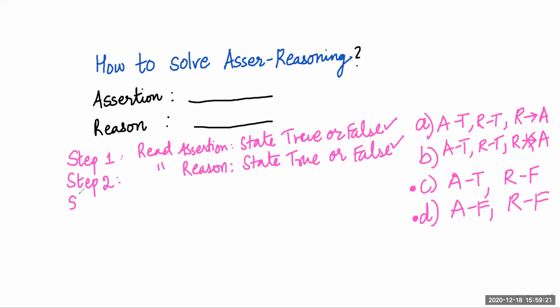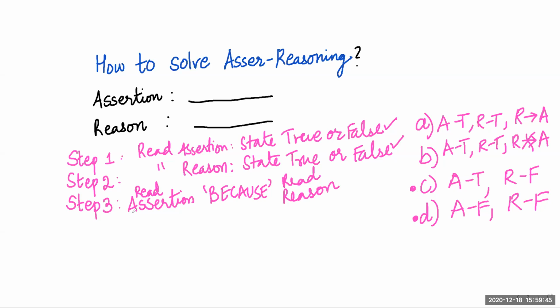Now this is a very critical step. This is interesting step. Step 3 में read assertion, जो भी statement है, read assertion, okay, add the word because and then read reason. So it will look like a give reason.